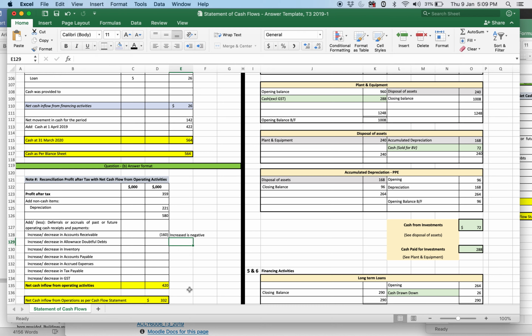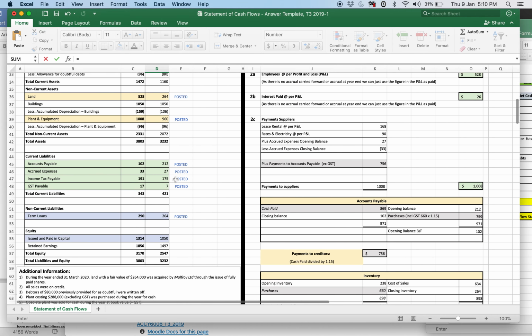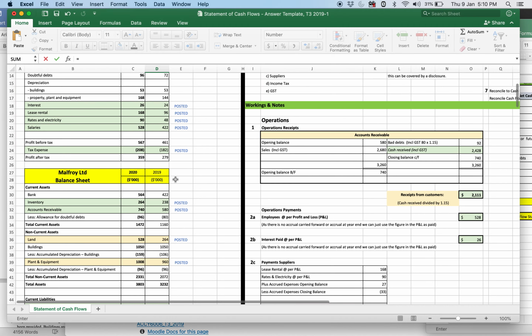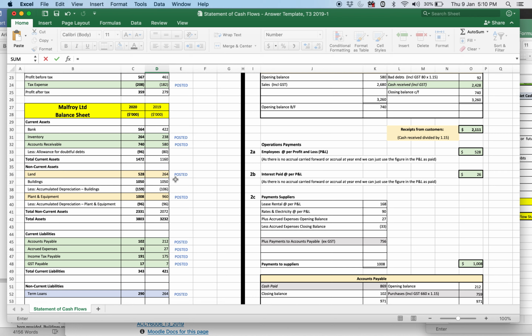Increase, decrease in allowance for doubtful debts. Again, if we've increased the doubtful debts, that's decreasing accounts receivable, so it works the opposite way around. Allowance for doubtful debts is in the balance sheet.